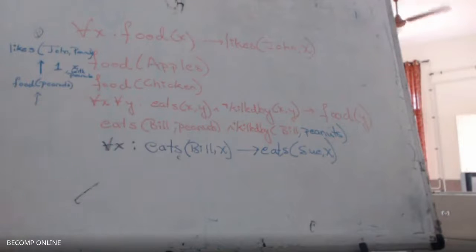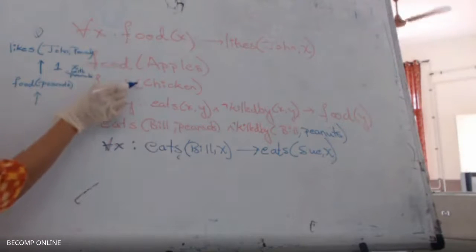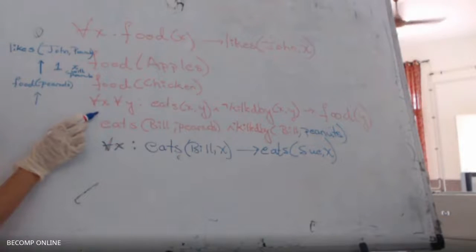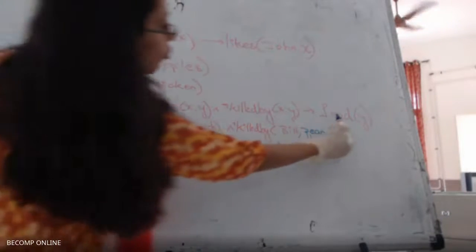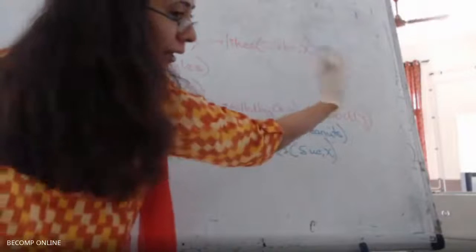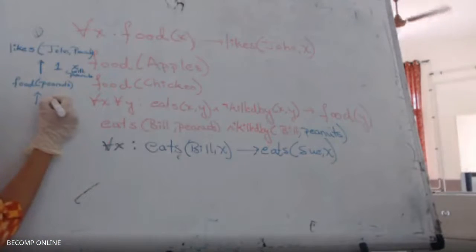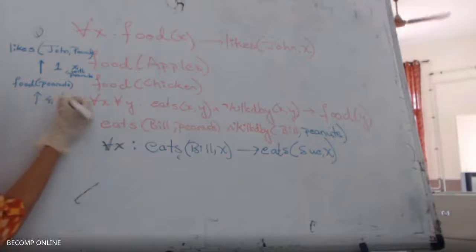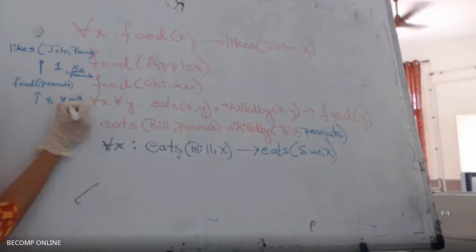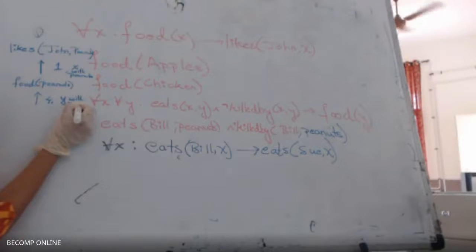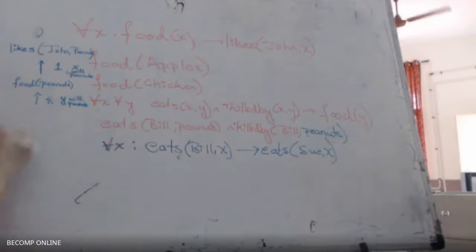Okay. Now, if you see, this is 1, 2, 3, 4. Fact number 4. I have here food Y on the right hand side of the implication sign. So if I take fact number 4 and substitute Y with peanuts, what am I left with?